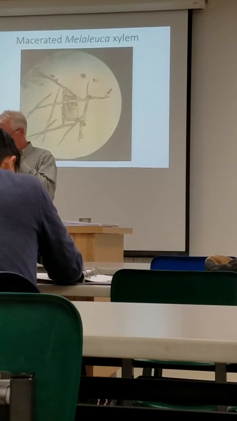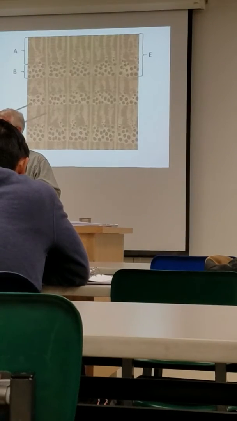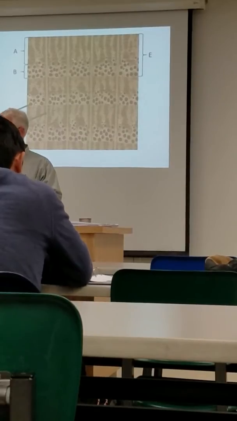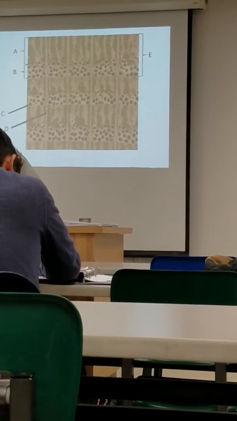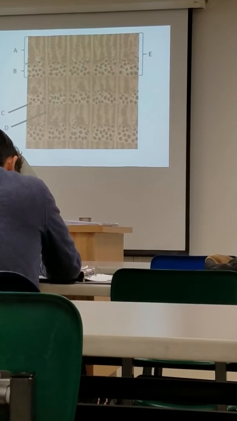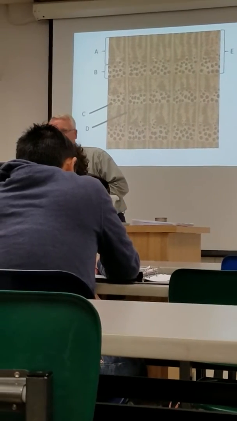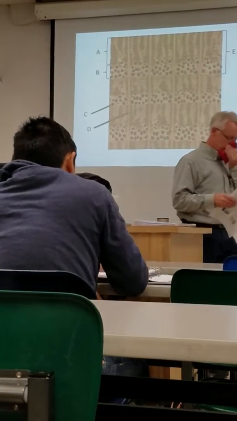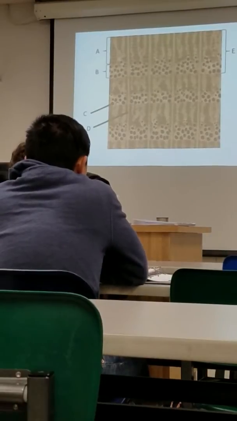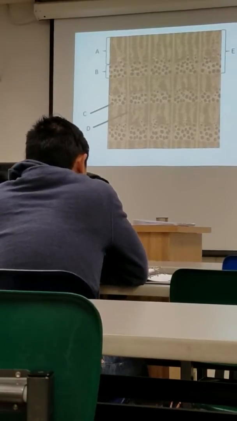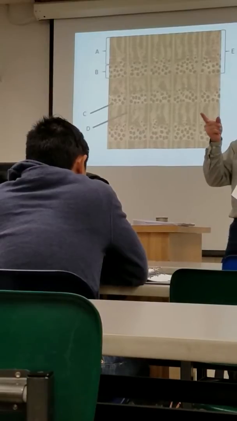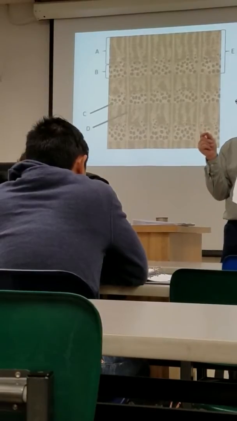So, I showed you an example. Your image will actually be much closer. It might just be of this portion, but you'll still be able to label early wood, and late wood, and rays, and so on. So there's a microscope with a cross-section of a corn stem.